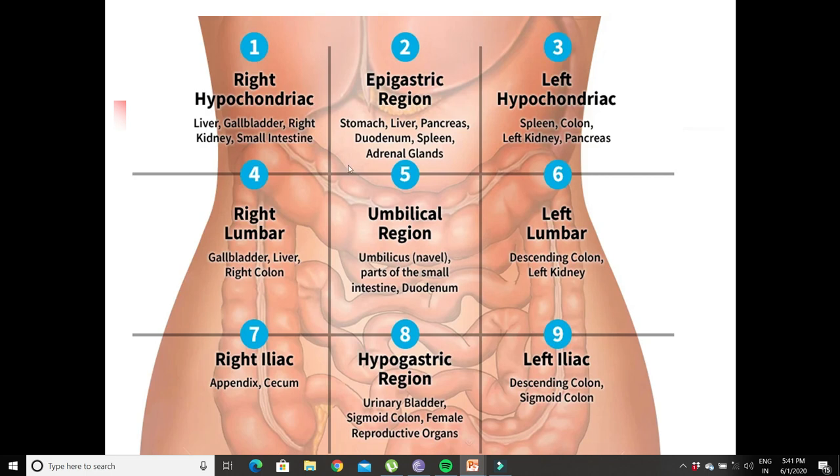So the pancreas lies in the epigastric region as well as in the left hypochondriac region, behind the stomach. Here lies, anteriorly, what do we have? The transverse colon. The transverse colon forms the anterior relation. It lies anteriorly to the pancreas.